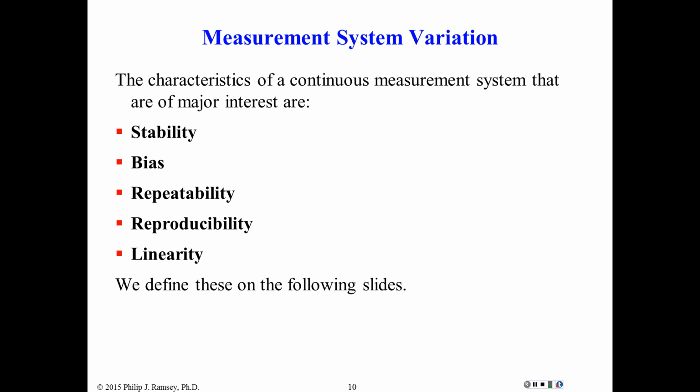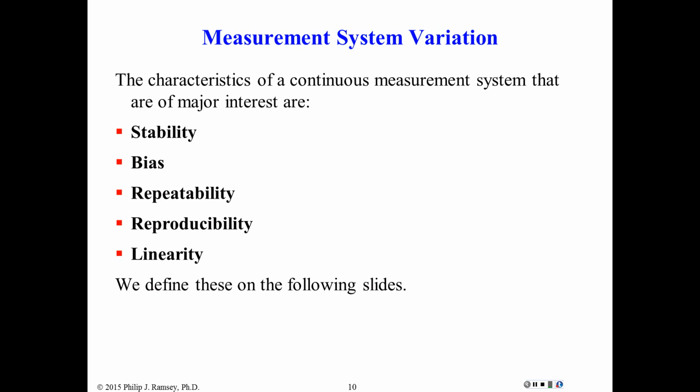We're interested in bias, again also known as accuracy. Repeatability, that's a measure of precision. Repeatability is typically considered the fundamental unit of noise in a measurement. That is, if I measure the same unit under the same conditions repeatedly, how much random variation or noise do I observe?